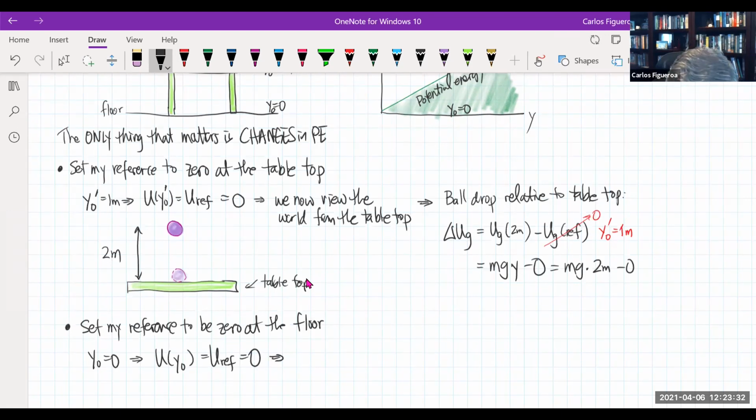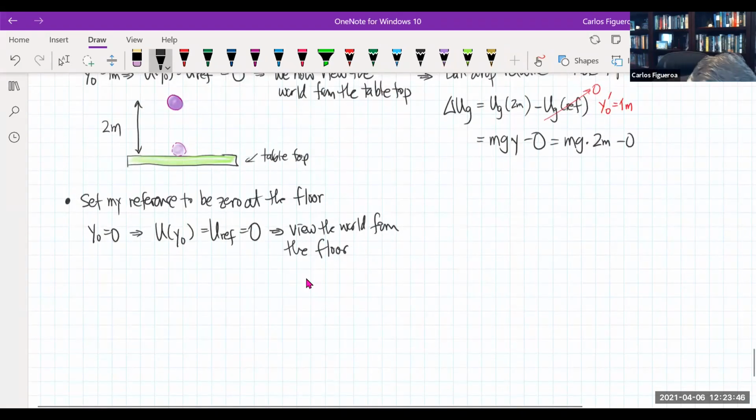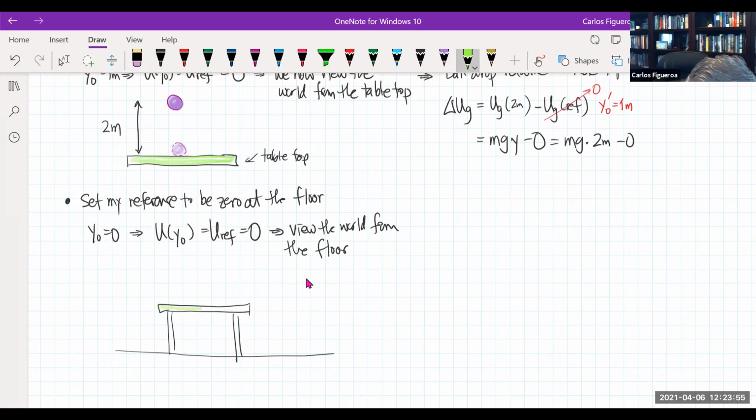So what this tells us is that we now view the world from the floor. So then I come back and I redraw my picture, and it goes like this. I have my table, and now the only thing I know is that my little guy here is standing at the floor at y equal to 0.